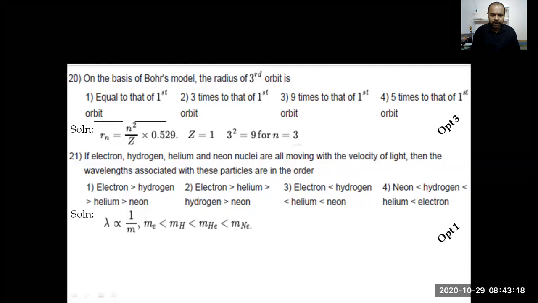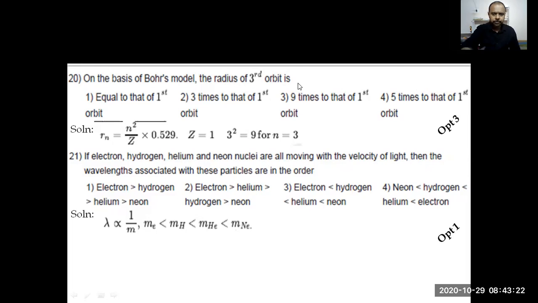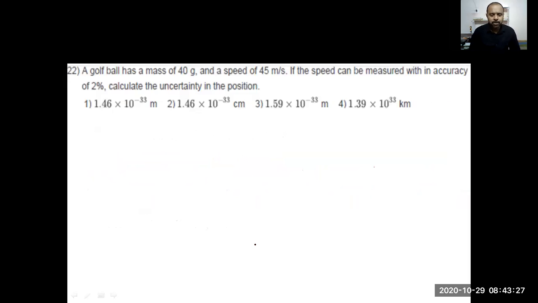Okay, I'll go to the next page then. Yeah, anybody has got the answer for this?